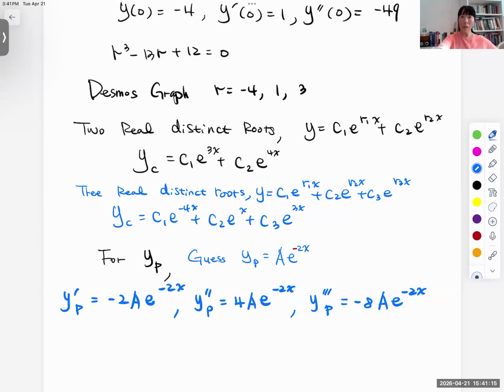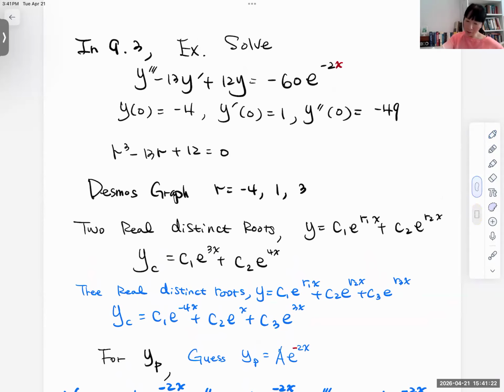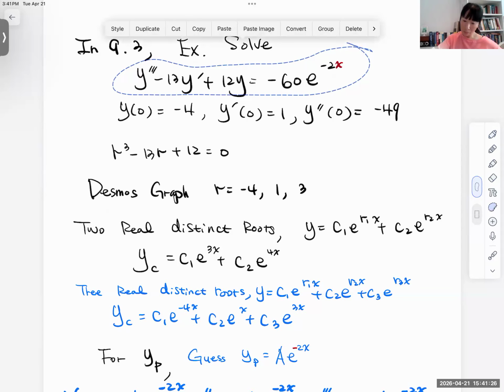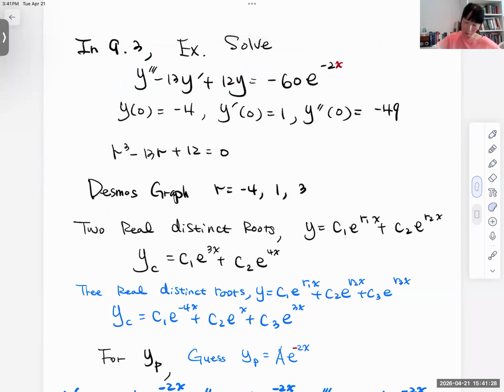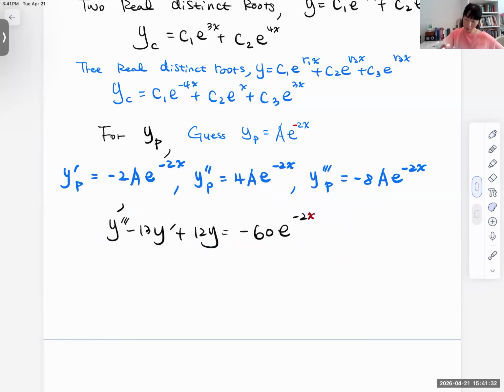Now we have the original equation. Let's bring it here. We substitute everything.